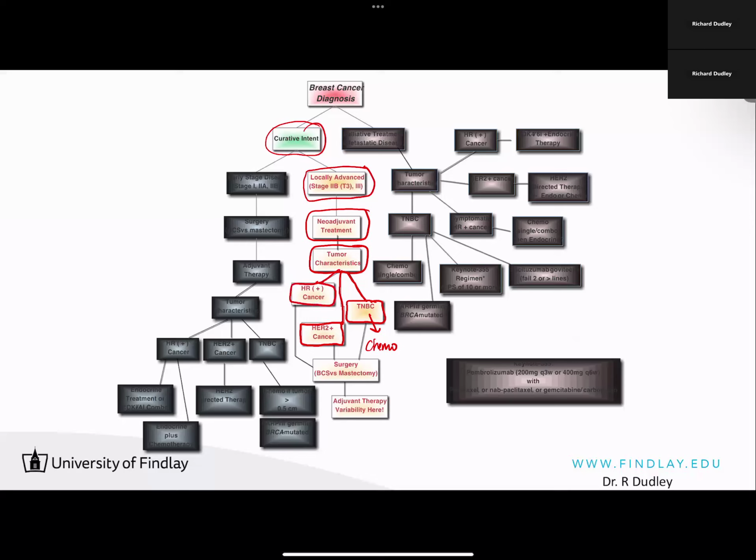What do we use in the neoadjuvant setting for hormone receptor positive breast cancer? Well, you would think that we would use endocrine therapy, but in fact, what's recommended is to use chemotherapy. Right? We use chemotherapy as the neoadjuvant regimen for hormone receptor positive cancers.